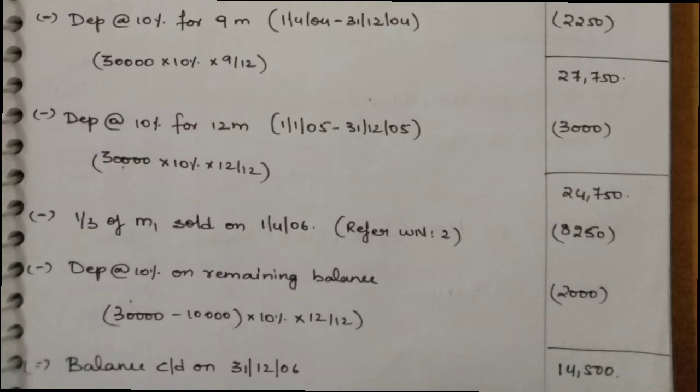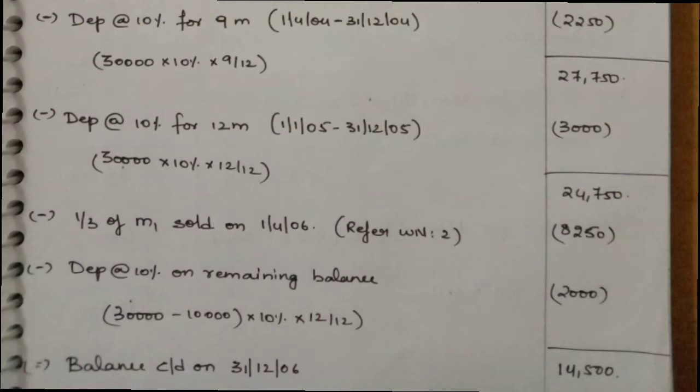It is for the whole 30,000 amount that we got 24,750. So from that 24,750 we need to eliminate the value of the 10,000 amount. The value of the 10,000 as on today is 8,250. So that amount we need to eliminate first, that is 24,750 minus 8,250.